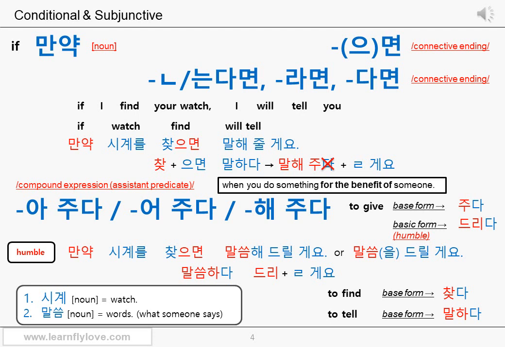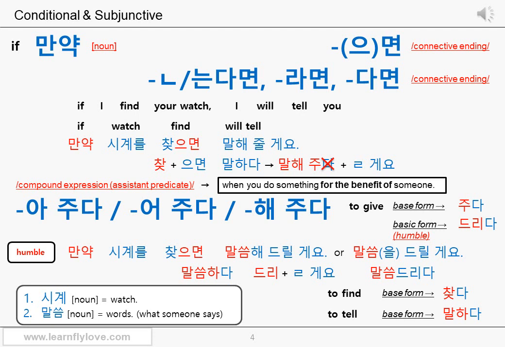말씀해 드릴게요 part can be used as a one-word verb, which is 말씀드리다. 말씀드리다. It sounds like humble form of the verb 말하다. 말씀 is a noun. Therefore, you can split 말씀드리다 into 말씀 and 드리다.